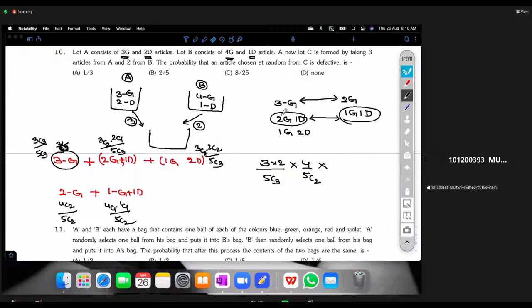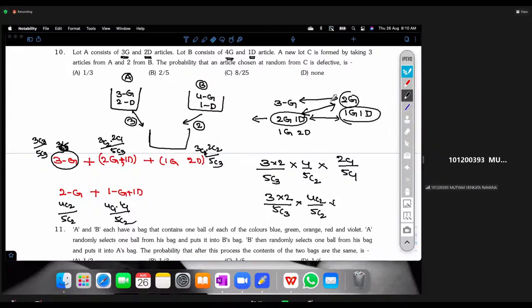After this one, in this case, how many defective items are there? Total defective items, 2 defective, 3 genuine. So for 2 defective, 2C1 by 5C1. Next, there is a chance of taking this one also. This is 3C2 by 5C3, and the probability of 2 genuine is 4C2 by 5C2.